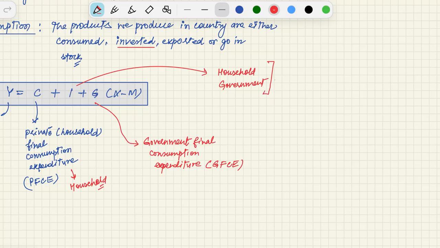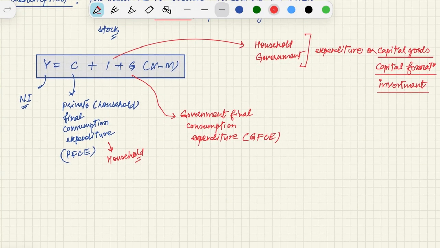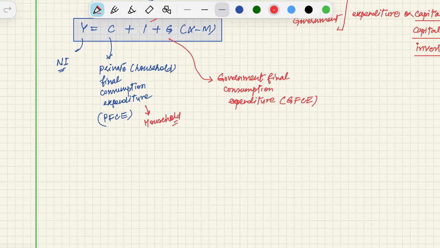So here I will write expenditure on capital goods. Capital goods means machines. Okay, or capital formation, or investment. So both household and government people can invest, right?